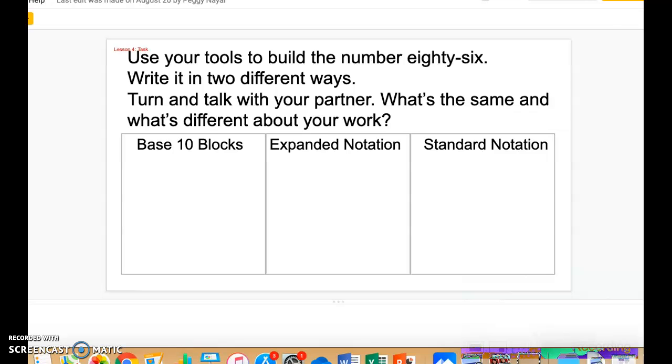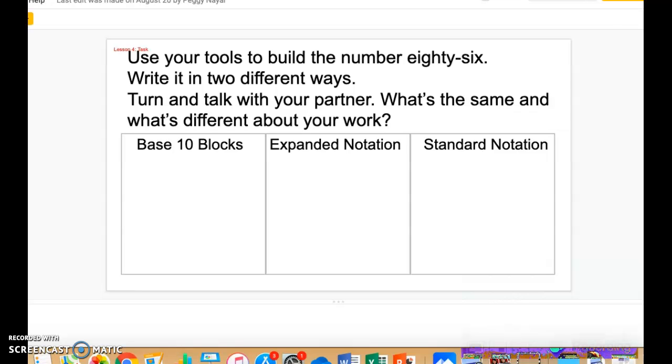All right, welcome back. We are going to build the number 86. Here we go. I'm going to write it in standard notation first.